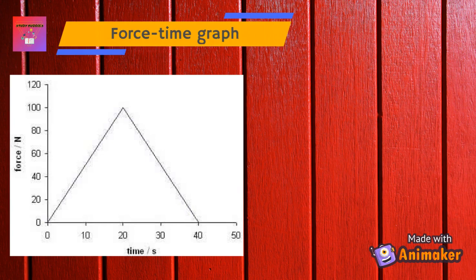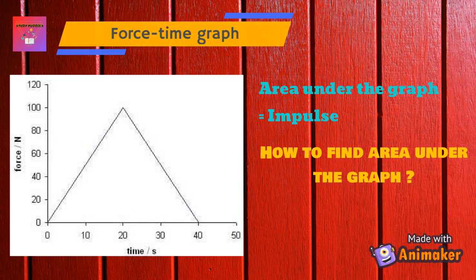Next, we will learn about the force time graph. We can actually use this graph to find impulse. All you have to do is find the area under the graph. The area under the graph is equal to impulse. So how do we calculate the area under the graph?